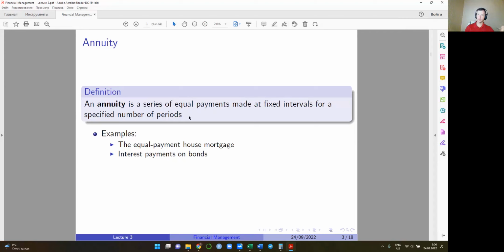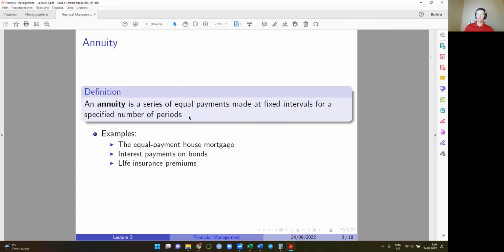Interest payments on bonds. That's where we are going to apply this tool when we start our discussion of bond valuation. We will apply annuities there.